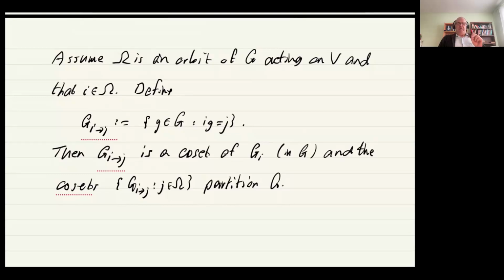And the way I'm breaking it up, I'm going to say, well, I'm going to have an element of G which fixes I, followed by an element of G which maps I to J. And so that set of elements is what I'm calling G sub I, comma J, and it's a coset of the stabilizer. And so these cosets, of course, the cosets of a subgroup partition the group.